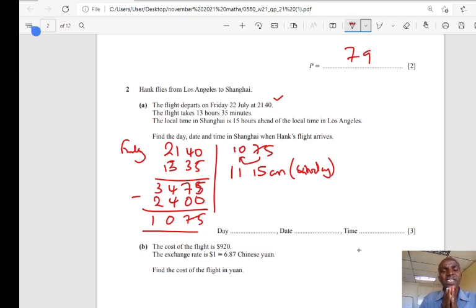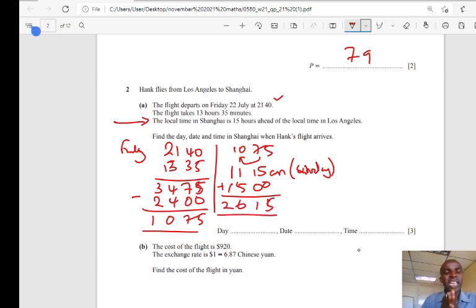Right? So given that the time in Los Angeles was the same as the time in Shanghai, then Han was supposed to arrive in Shanghai at 11:15 AM. That was on a Saturday. But now we're given this condition that the local time in Shanghai is 15 hours ahead of the local time in Los Angeles, which means you are supposed to add 15 hours to this time, 11:15. So you add 15 hours and 00 minutes, it will be 26:15.